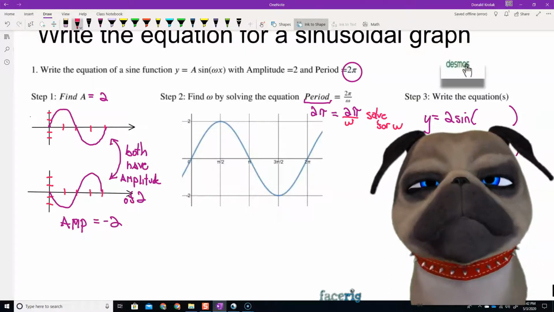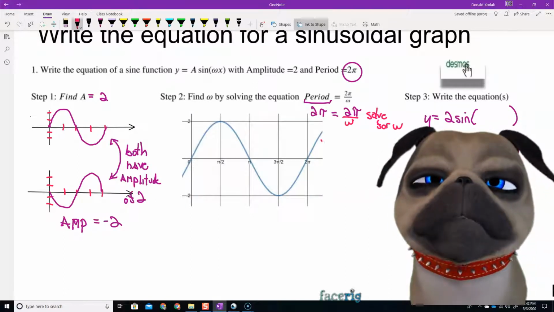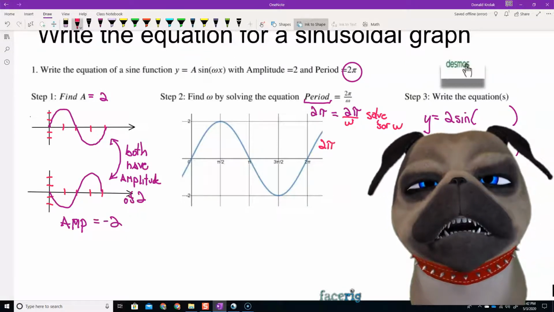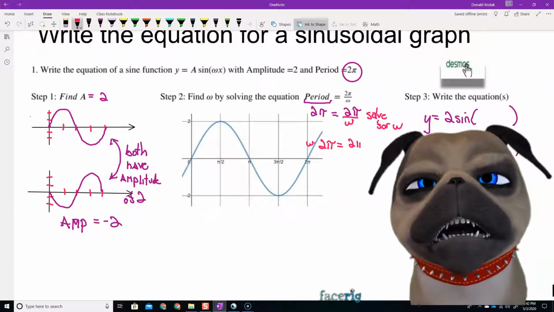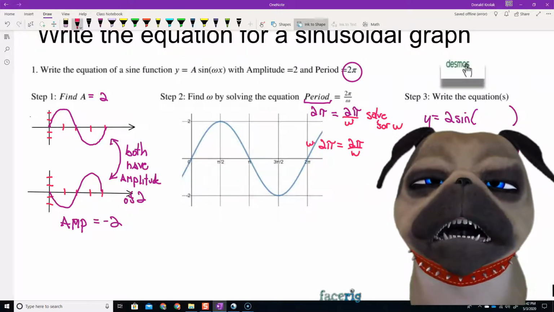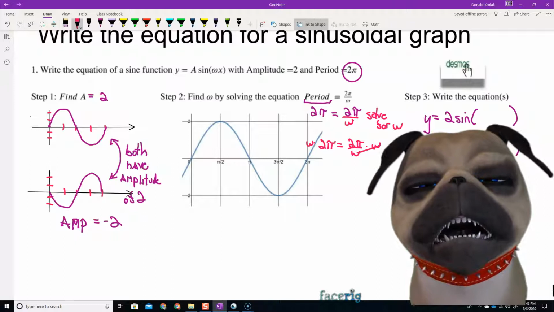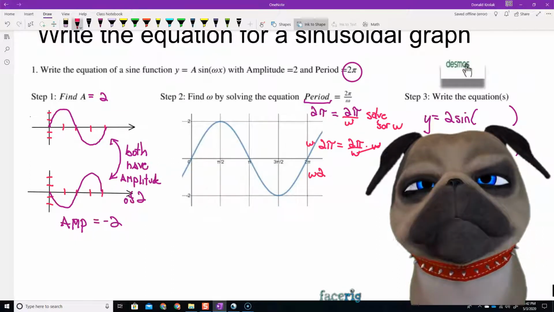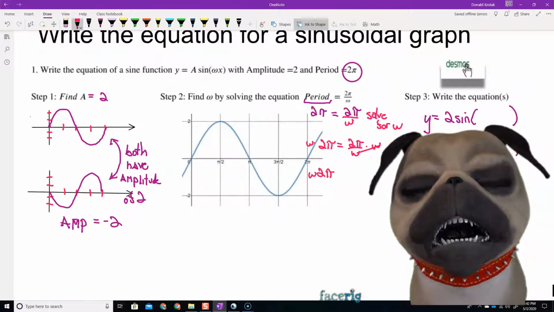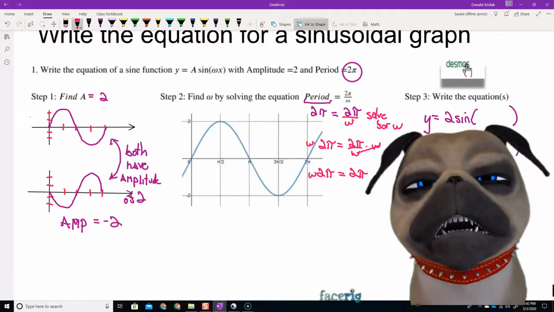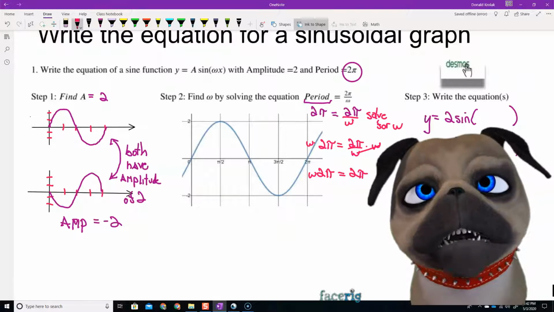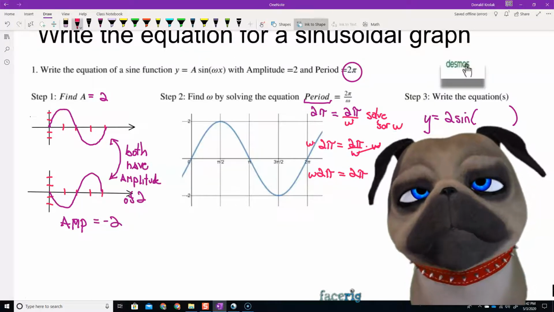Okay, so to do that, I would multiply both sides by omega. And then I get omega times 2 pi equals 2 pi. So what times 2 pi is equal to 2 pi? Well, that's got to be 1.